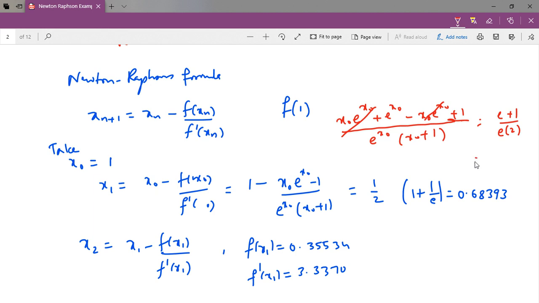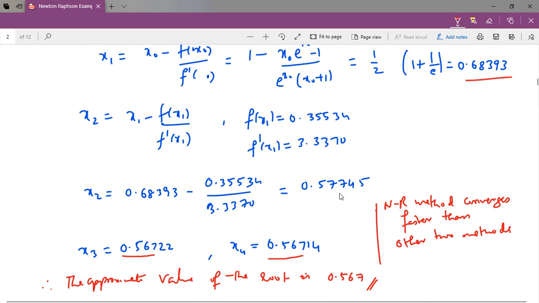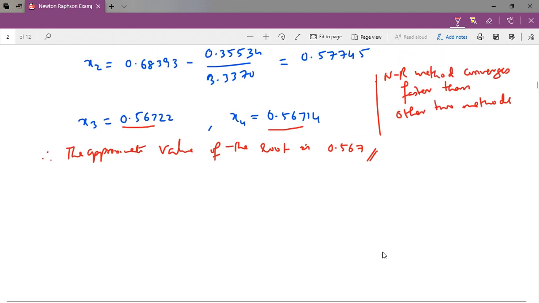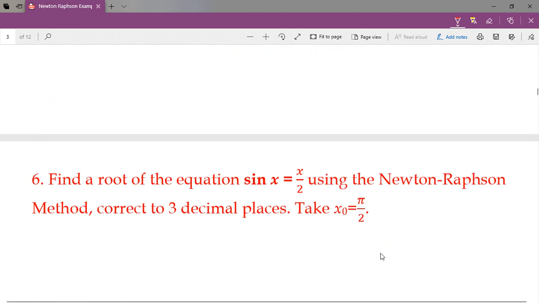So this gives 1 by 2 into 1 plus 1 by e. Now go on iteration, and we get x naught value, x1 value, x2 value. Now go for the convergence. So we see that 0.567 is the root. Okay, now let us go for the next example.